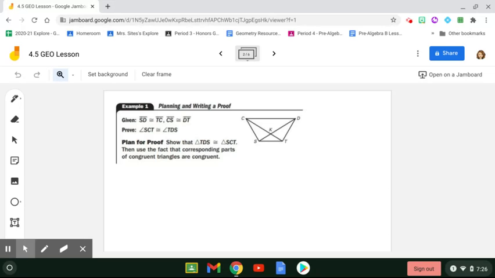When we look at this picture, we might not necessarily see a triangle, but if you look a little bit further, you can see that there are a bunch of little triangles involved in that picture. We're given that segment SD, which I'm going to highlight in blue, is congruent to segment TC.